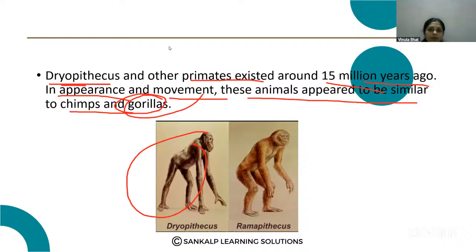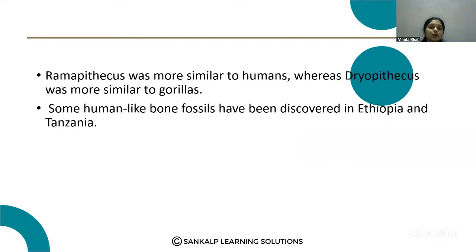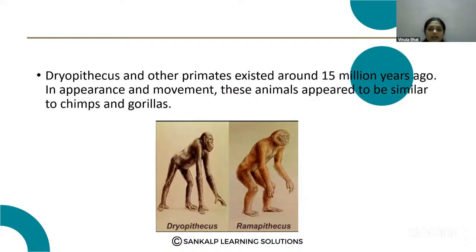form of human beings, and Ramapithecus was more similar to the humans, whereas Dryopithecus was more similar to the gorillas. So this is Ramapithecus man and this is the Dryopithecus. Dryopithecus is more similar to the gorillas and chimpanzees, Ramapithecus more similar to the human beings.